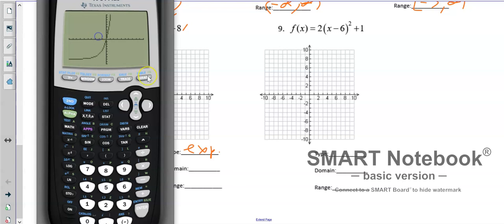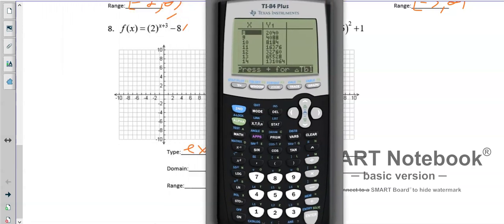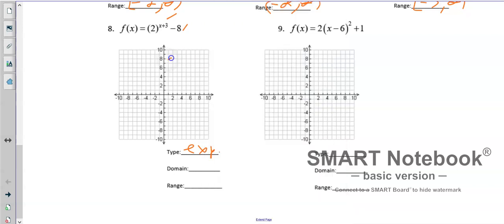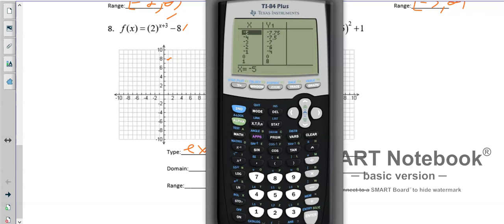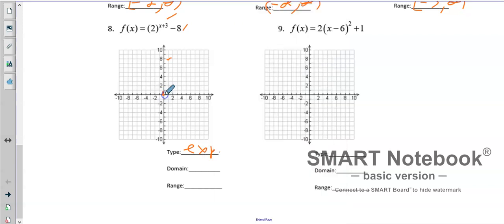And we're going to use the table to get some points. Obviously, way off. And here we go. So we can do -4, 1/8. We can do -3, 0, and -1, -4.